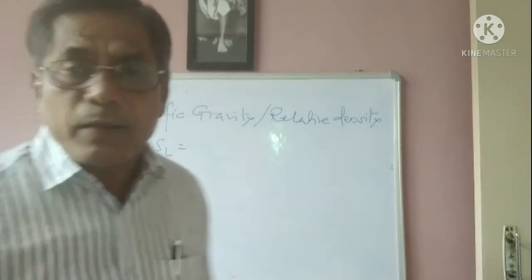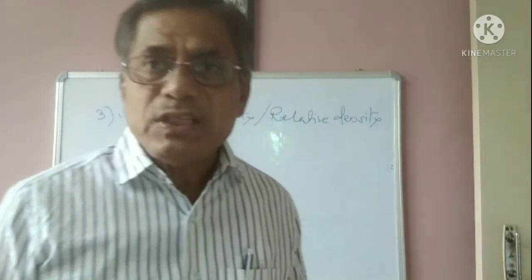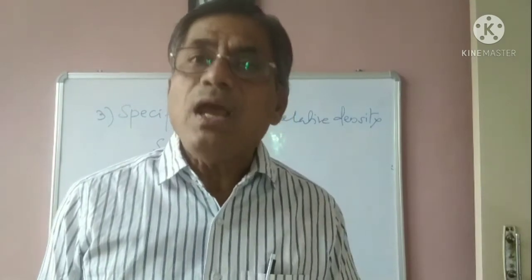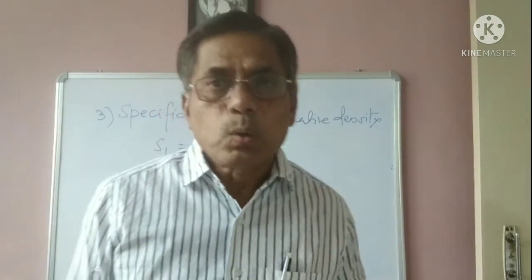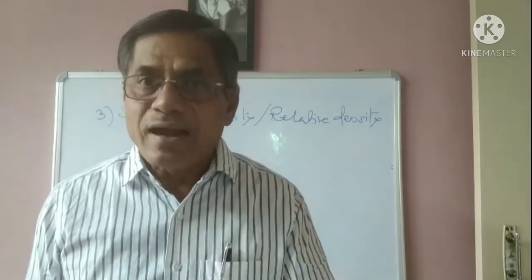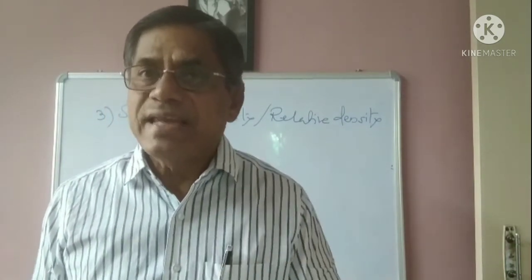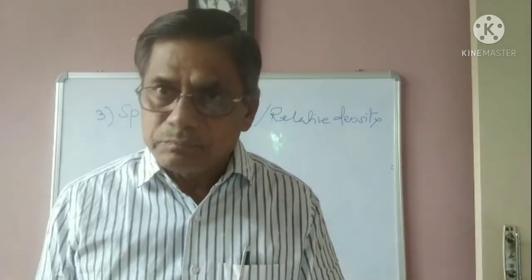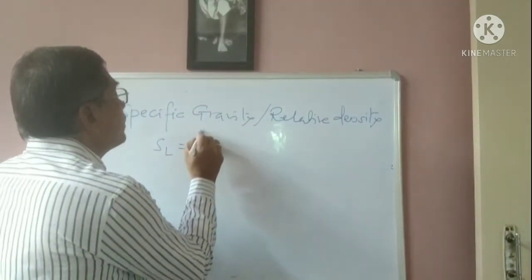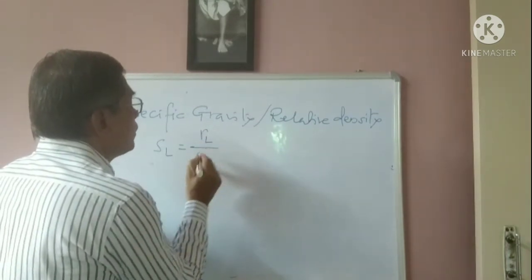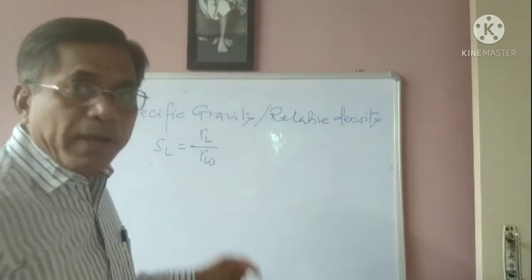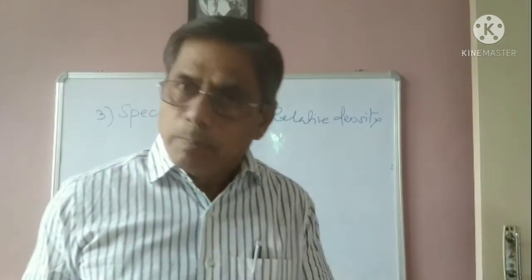So specific gravity is the ratio of weight density of fluid to the weight density of standard fluid, and the standard fluid is taken as water, and therefore it is the ratio of specific weight of liquid or fluid to the specific weight of water. So gamma L upon gamma W.